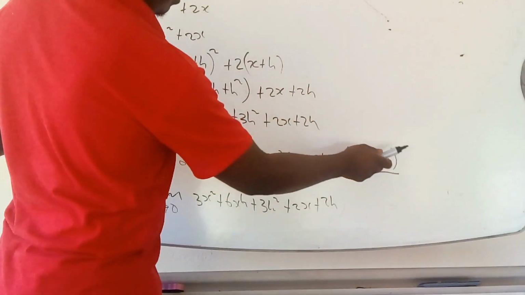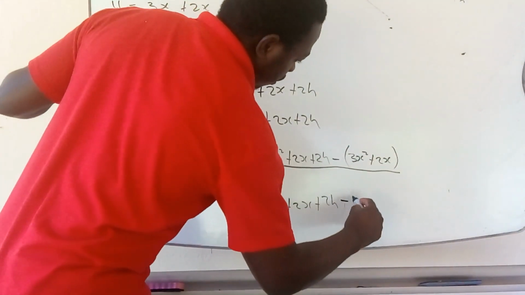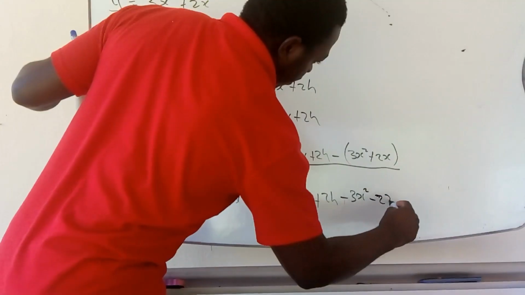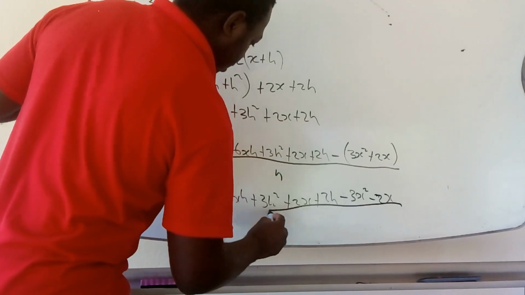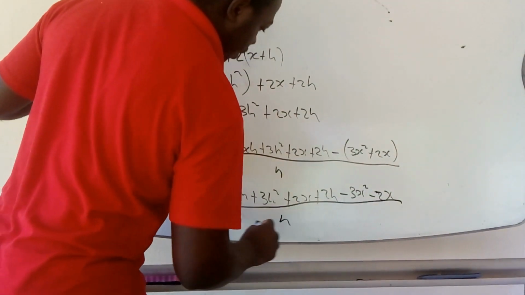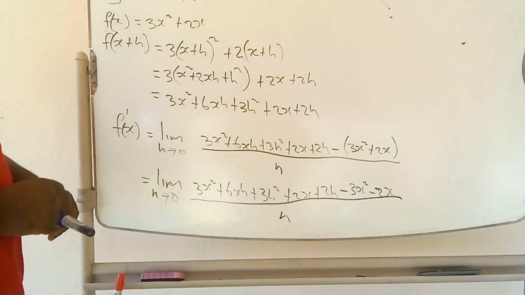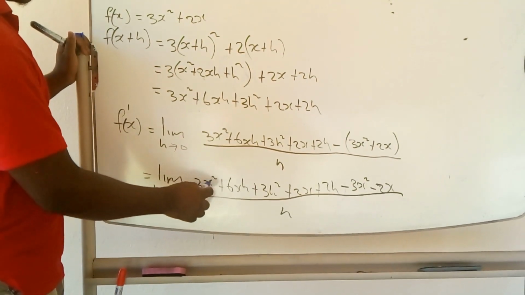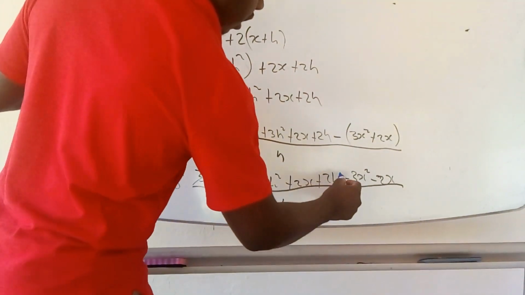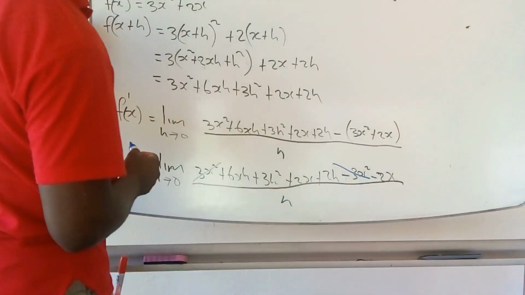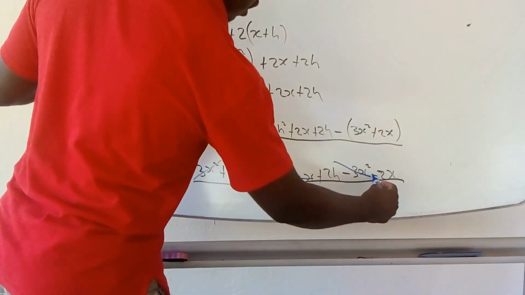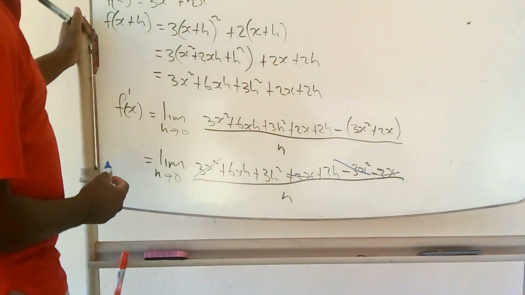Distribute this negative, all the signs will change, so this becomes minus 3x squared minus 2x, all of that divided by h. Can anything be cancelled? We have a positive 3x squared here, so this can take out this negative 3x squared. We have a positive 2x here, so this can take out this negative 2x.